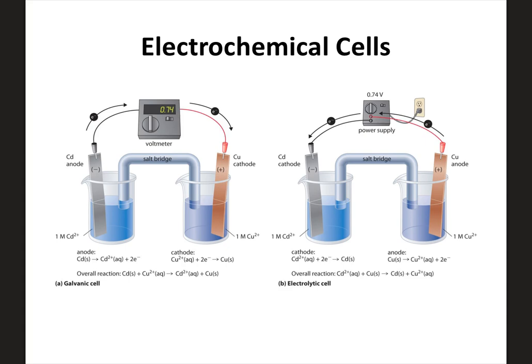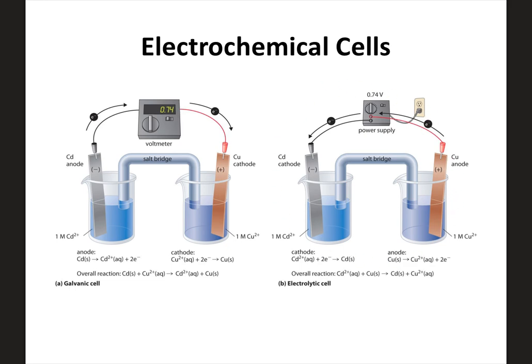This slide is showing you the difference between galvanic and electrolytic cells. The one on the left is a galvanic cell. This is generating an electric current, and it is a thermo-favored reaction. There's a voltmeter here with a measurement on it because this specific cell is generating electricity. The one on the right is an electrolytic cell.